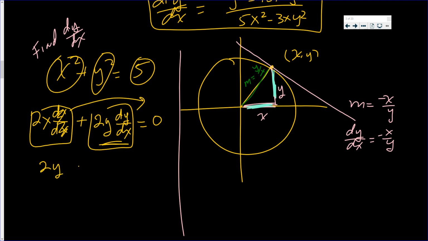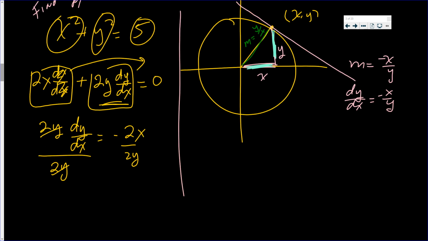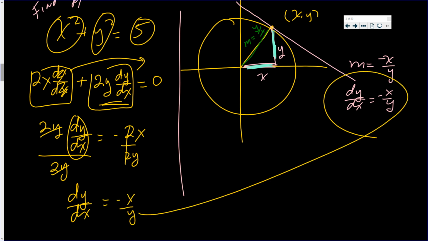So 2y times dy dx is negative 2x. Then we divide by the 2y, and the magic happens. We're just left with dy dx. The 2's cancel, and we get negative x over y, which I said would be the answer by using elementary geometry.